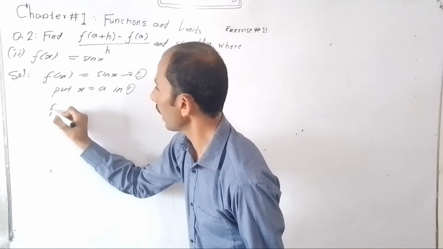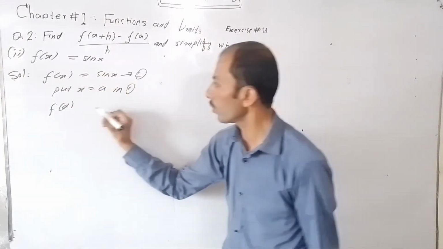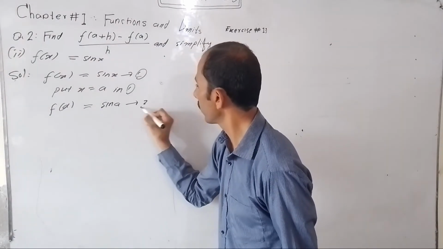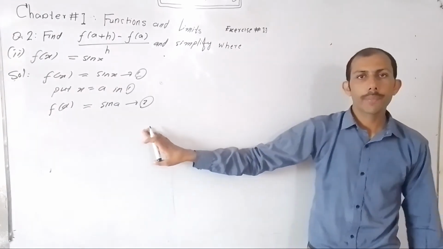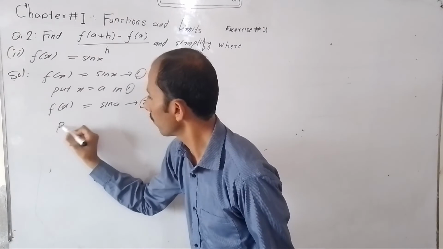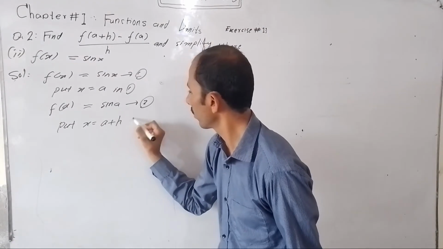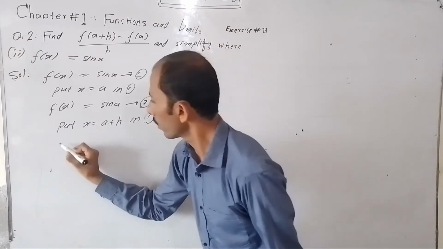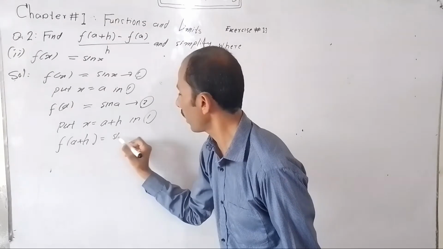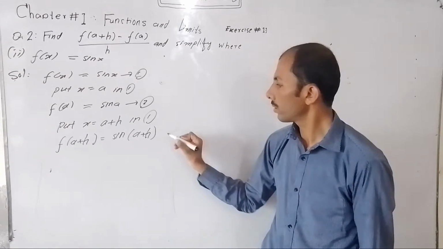So 1 becomes f of a at x is equal to a. So f of a is equal to sin a. Put x is equal to a plus h in 1. So f of a plus h is equal to sin of a plus h, equation number 3.